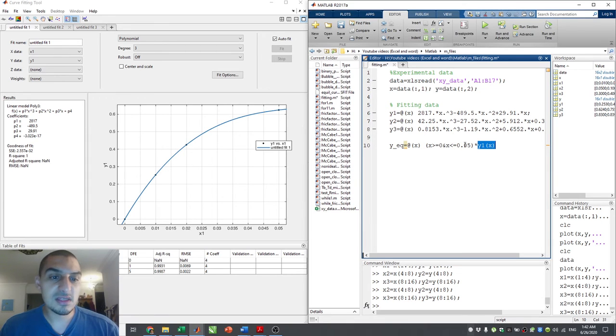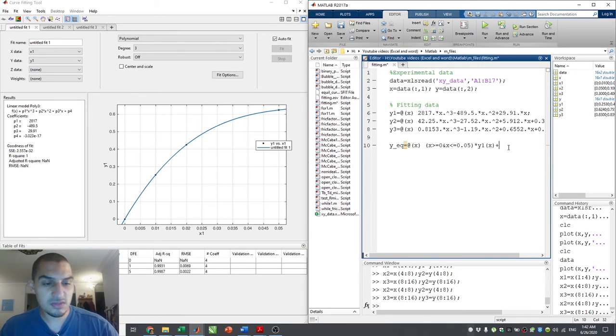But if x is greater than 0.05, then this bracket would be 0, and then this will not be calculated because it's multiplied by 0. Whatever the value, it wouldn't matter. So it's like I'm putting an if conditional, but I'm not actually writing an if conditional.